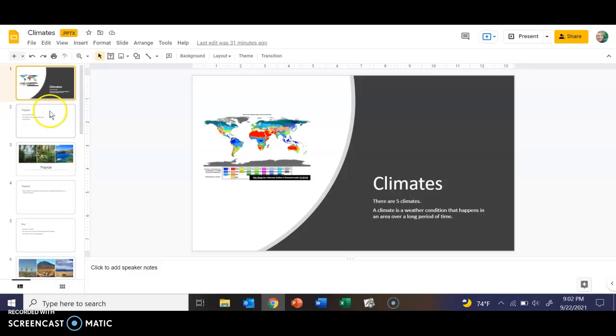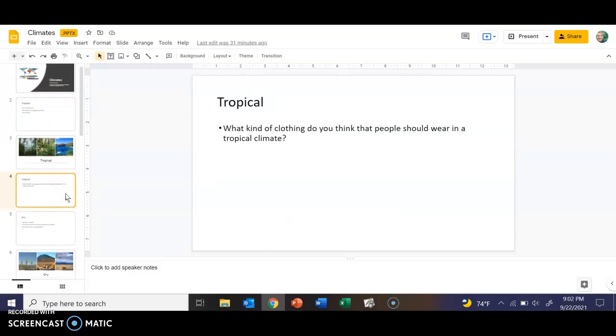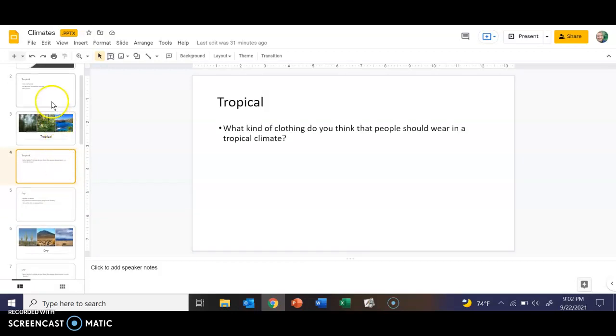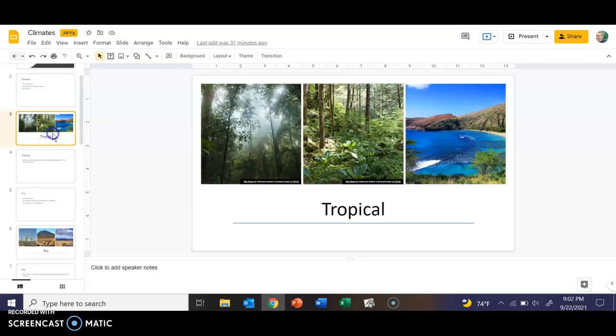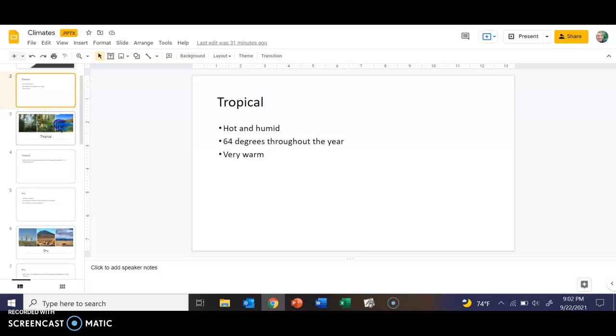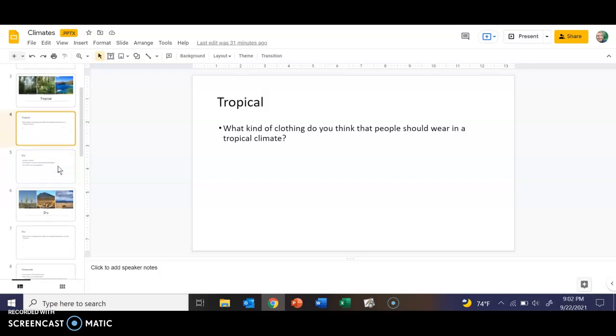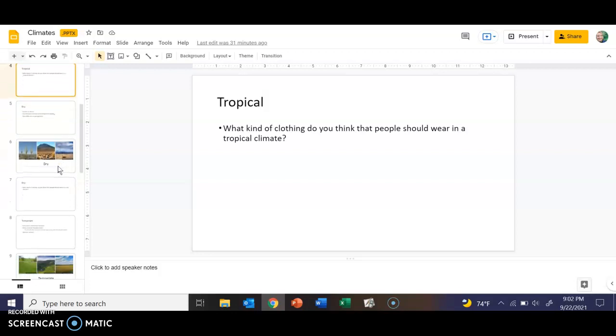I did like that I have the key terms at the top of each page or each section, and I followed the same type of format. So the first three slides are about tropical. We have some key parts of tropical climate, and then I had pictures on the next slide, and the slide after that was discussion about the weather and the clothing that people would wear.